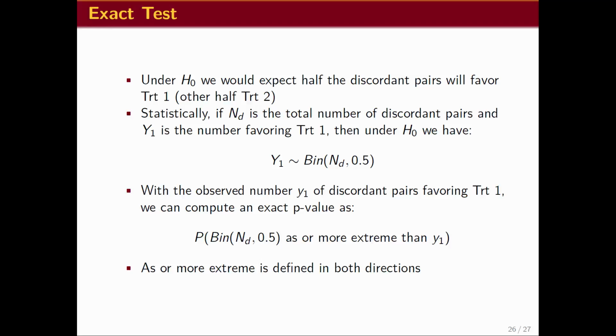Because of the discordant pairs, about half would have a win for treatment 1 and about half would have a win for treatment 2 if the treatments were the same. If the treatments are different, maybe if treatment 1 is better, you'd expect more wins for treatment 1 than for treatment 2. Therefore, you'd see a departure from a binomial distribution with a probability of 0.5. Okay, so you can base it on this binomial.